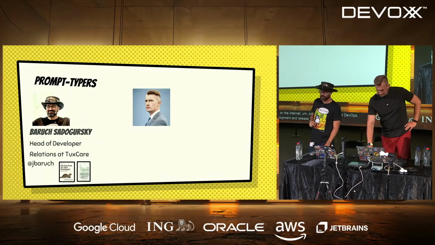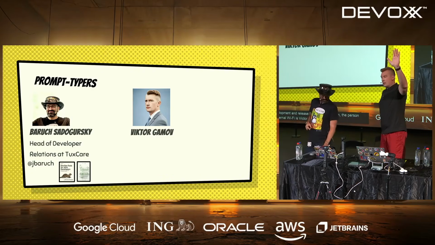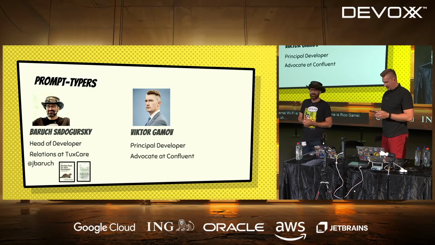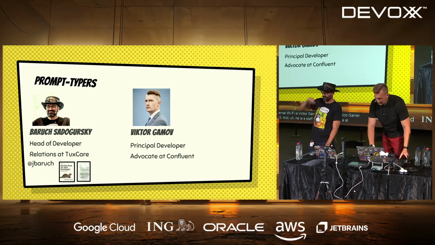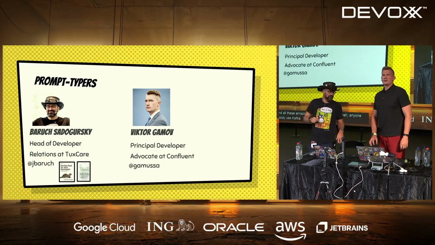And the person who is fixing our internal Wi-Fi is Victor Gamov. My name is Victor Gamov. He's a staff developer advocate at Confluent, working on Kafka and Flink as well. Anyone using Kafka? Everybody uses Kafka. Come talk to me about Kafka if you have any questions.